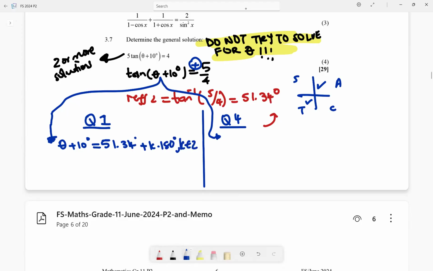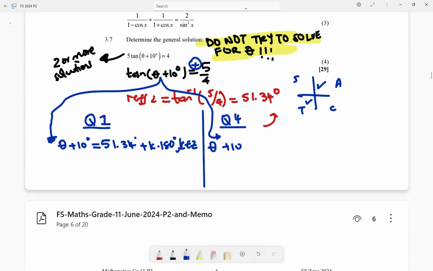Then do not forget k is an element of the integers. I do not know how to write it, so I use this one. It's fine. They won't penalize you. Do it however.